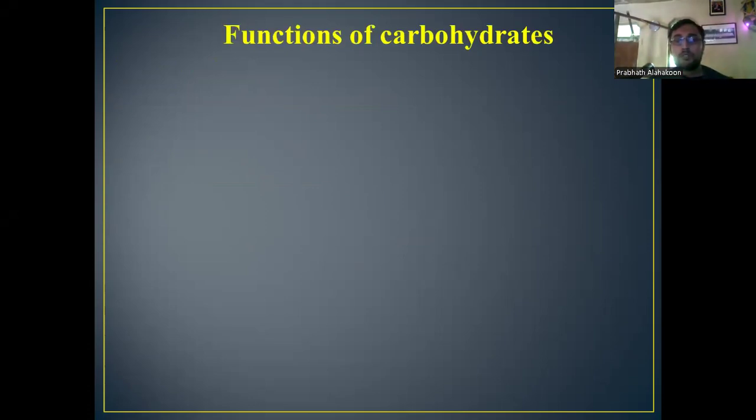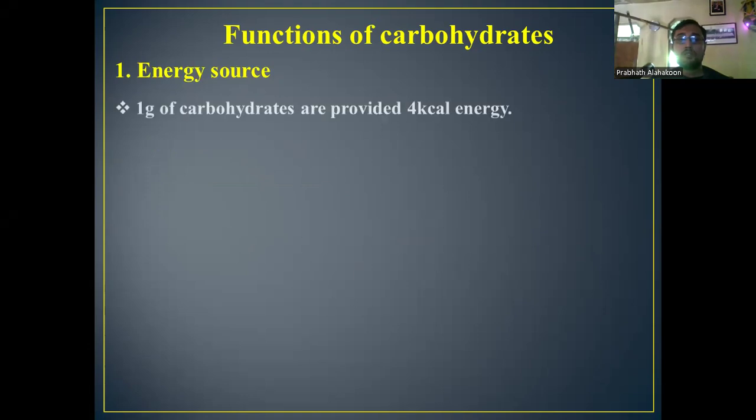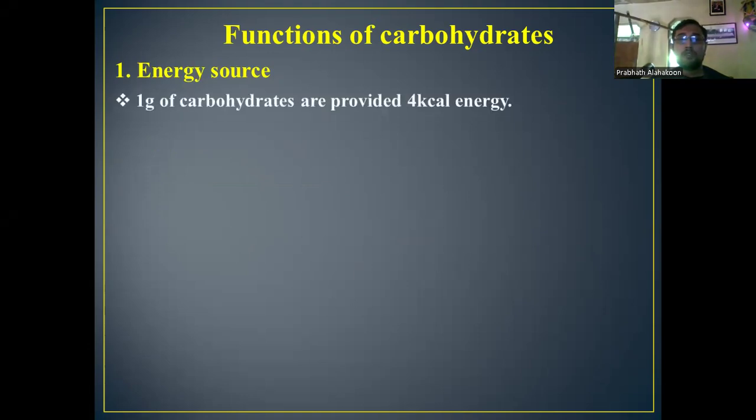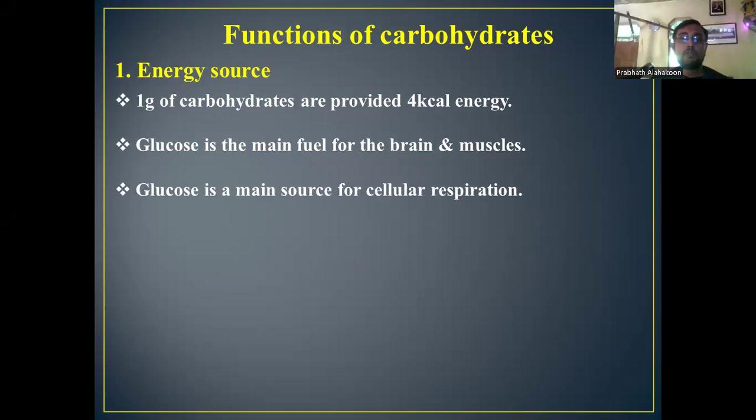Okay, now we discuss functions of carbohydrates. First is energy source. 1 gram of carbohydrate provides 4 kilocalories of energy. Glucose is the main fuel for the brain and muscles. Glucose is the main source for cellular respiration.